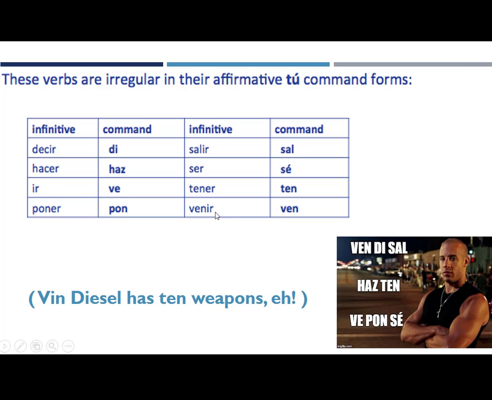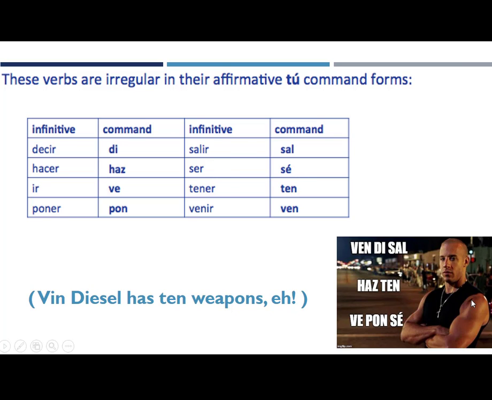Those are irregular verbs in the affirmative commands, like I said. So these are the forms that you're using. For decir, it's going to be di. For hacer, it's going to be haz. For ir, ve. There's only one form, so there's no other endings. There's no other conjugations. Just this form for poner. This form for salir. This form, sé, for ser.